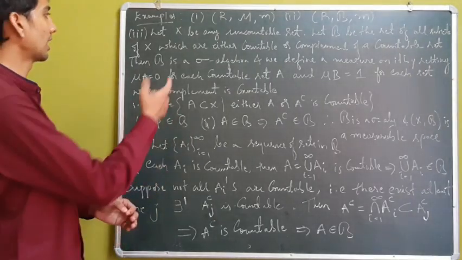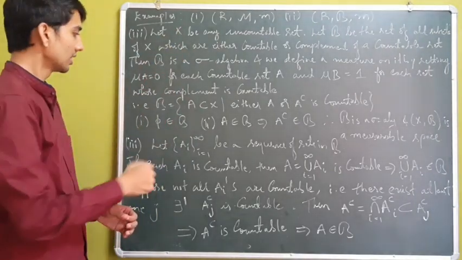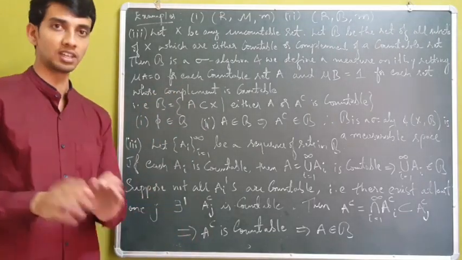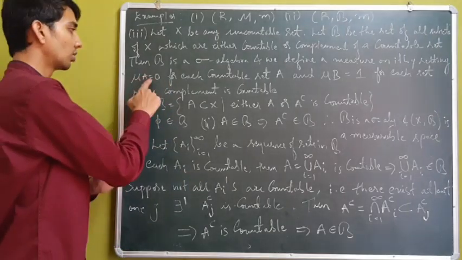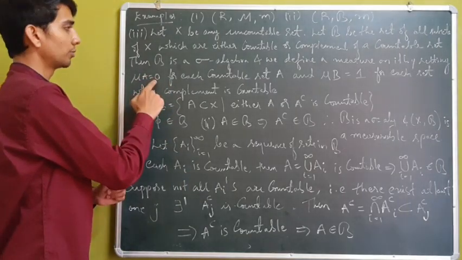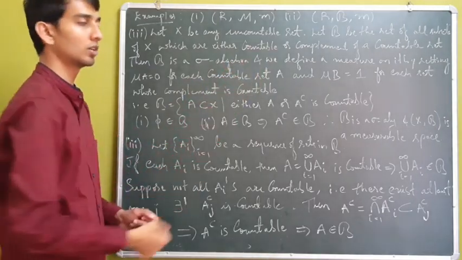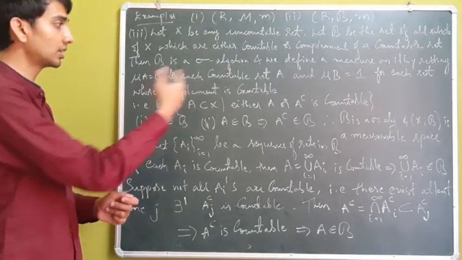Now we have an uncountable set X, and we have defined a collection B and proved that it is a sigma algebra. We have also defined a measure mu of A equal to 0 for each countable set A, and mu of A equal to 1 for each set whose complement is countable.